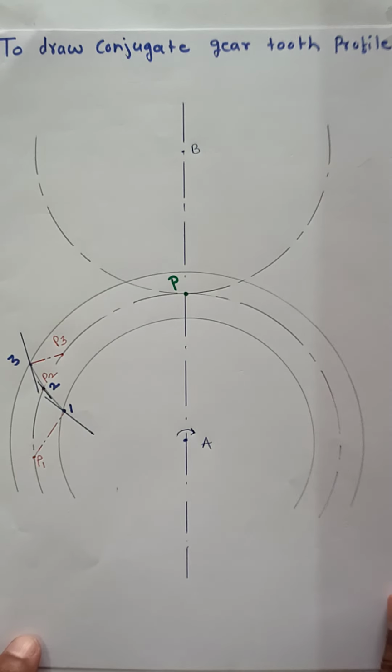Points 1, 2 and 3 will move along these 3 circles.